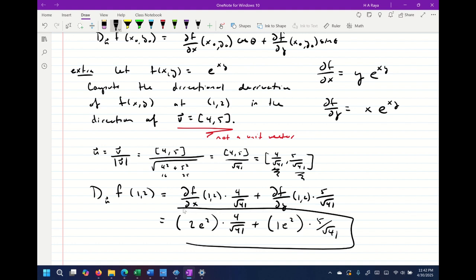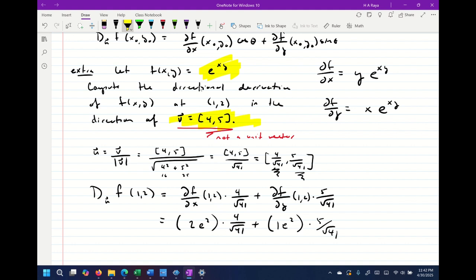So this right here is a real number, and this represents the slope that we will be experiencing if we were pointing in this direction and walking along the surface of this function e to the xy. So again, for this problem, we were given a vector and we computed the directional derivative along that vector.